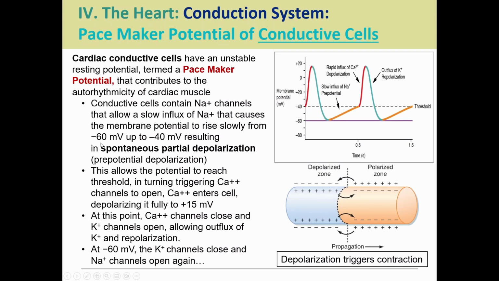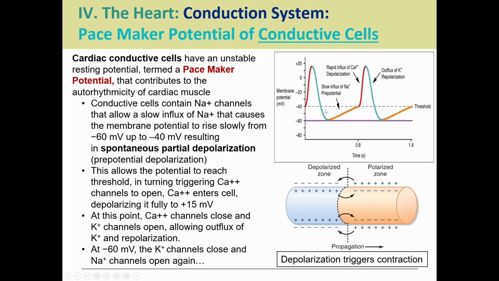So we're going to rise from -60 to -40. And because we're going from -60 to -40, remember that -55 threshold we talked about with muscle? We can pass that threshold just automatically without having to be told. And so we call that spontaneous partial depolarization, right? Then from there, we reach the threshold, we have the calcium channels open, and then we fully depolarize.